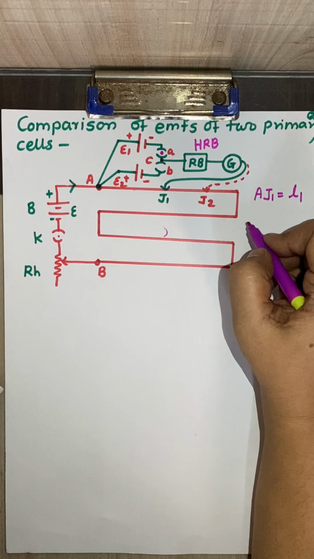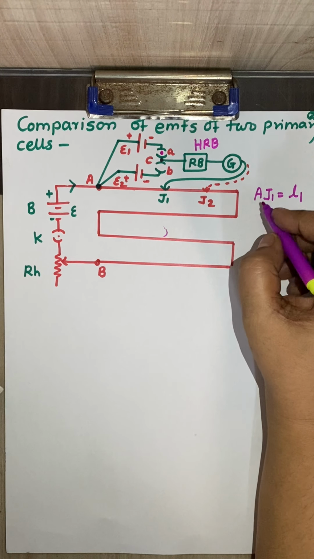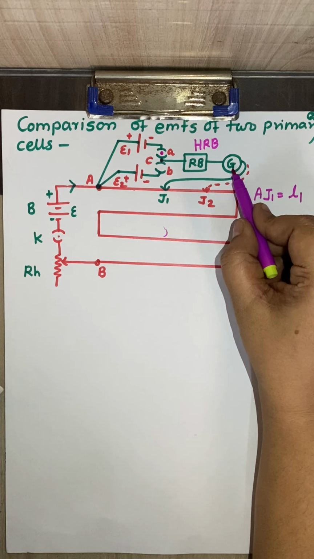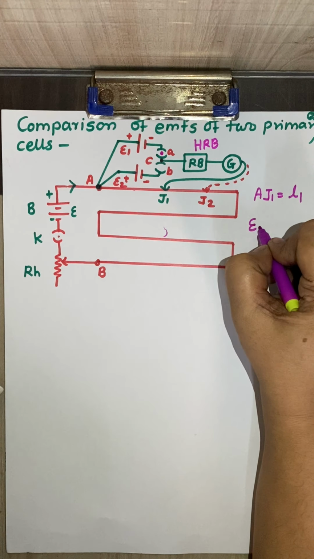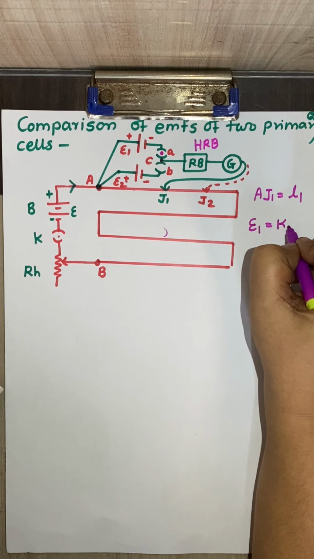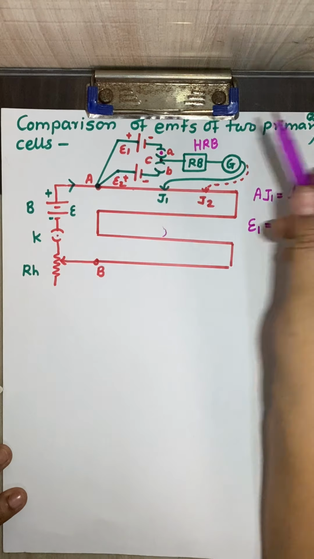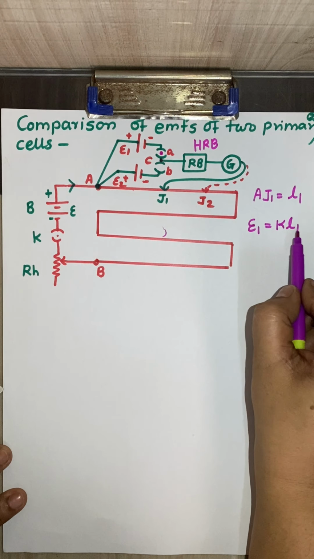Now K is the potential gradient of the wire. So to get this null point where the galvanometer shows zero deflection, we have E1 equal to KL1, because E1 is the EMF of cell 1 and must be equal to KL1.